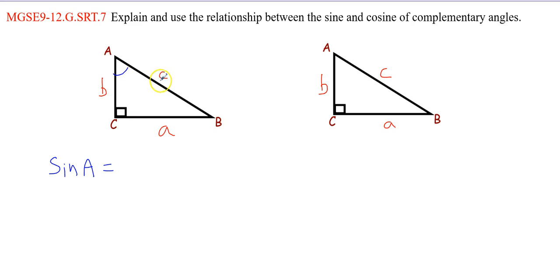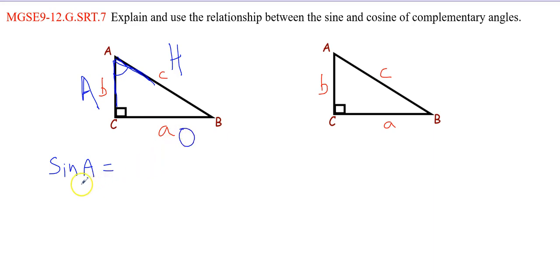The longest side, or the side opposite to 90 degrees in a right triangle, is called the hypotenuse. Our reference angle is A. So for this angle A, one side is the hypotenuse, so the other side has to be the adjacent, and the remaining side is the opposite side.